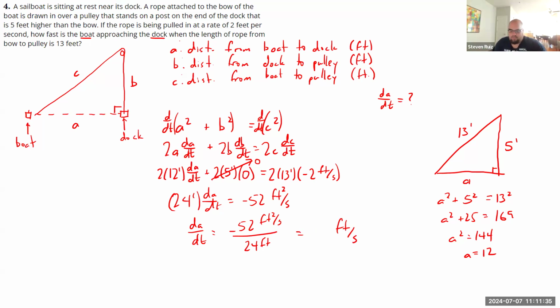Let's find out what that is. Okay. I get a value of negative 2.17 feet per second. All right, moving on.